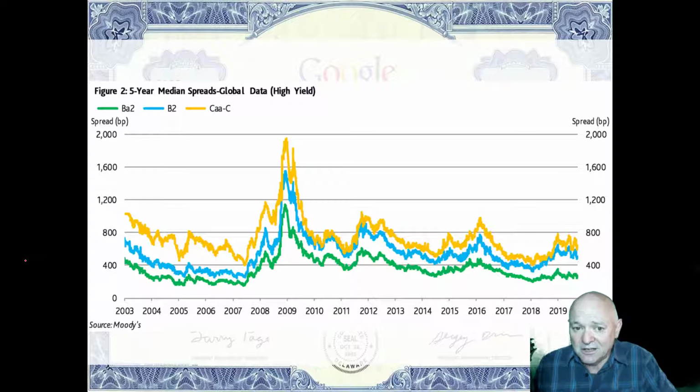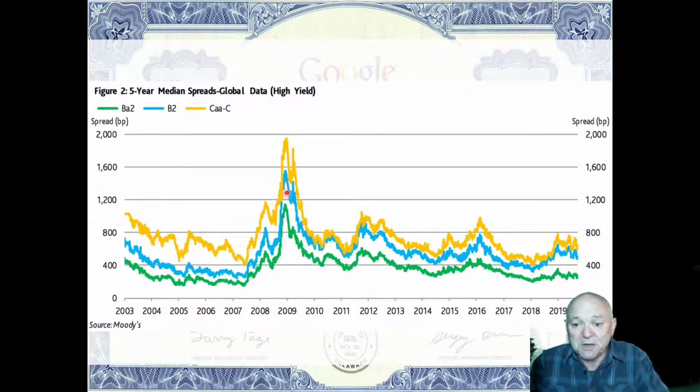The double B rated bonds, as we go from 2007, where they're trading at about 200 basis points, by the time we get to the worst of the financial crisis in 2009, the price on the double B rated bonds has fallen so much it's pushed the yield up to over 1,000 basis points.